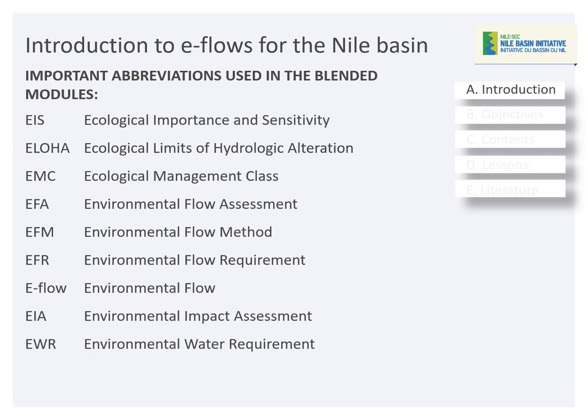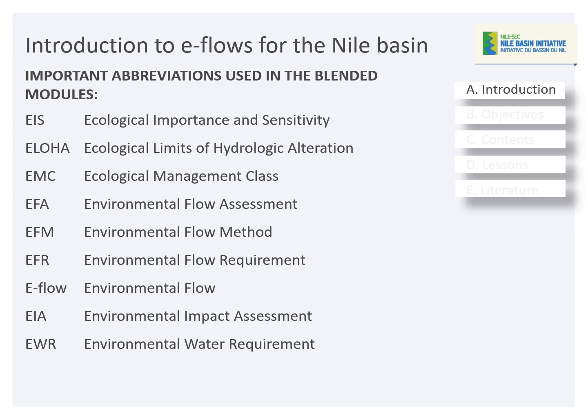EIS refers to ecological importance and sensitivity, generally referring to the ecological importance of ecosystems based on their biodiversity or ecosystem processes, and the sensitivity refers to their vulnerability to changes. ELOA is an environmental assessment framework. It refers to ecological limits of hydrologic alteration. EMC, ecological management classes.